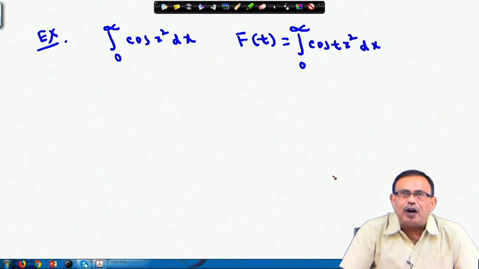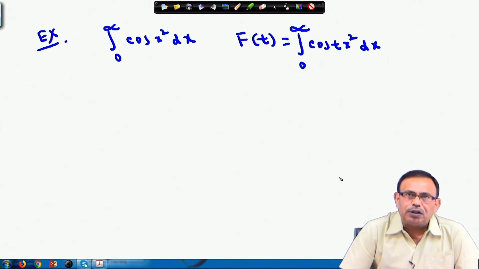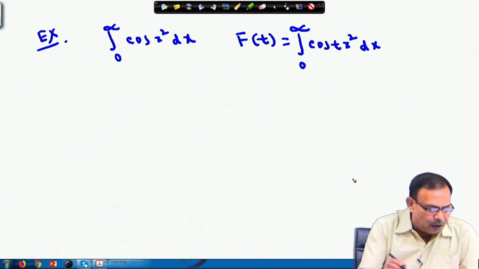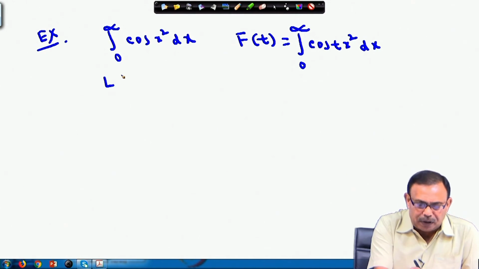I am taking a new function f(t), which is equal to 0 to infinity cos of t x square dx, so that afterwards if I substitute t equals 1, I will get back the original integral, cos of x square dx. Now take Laplace transform on both sides of the given equation.